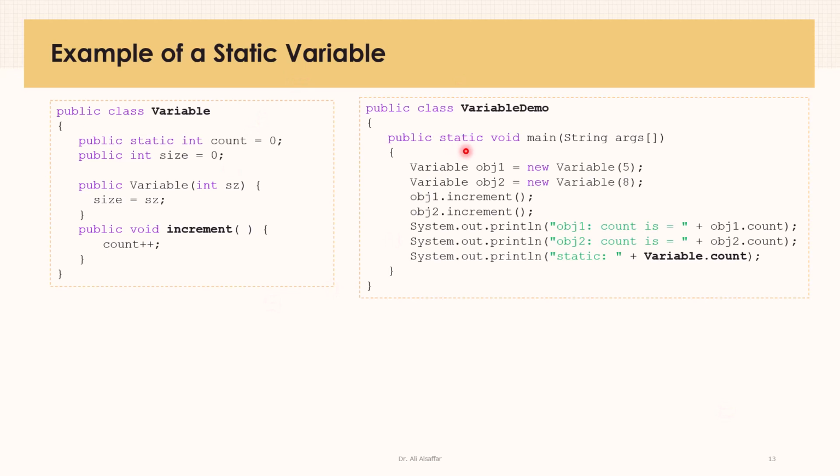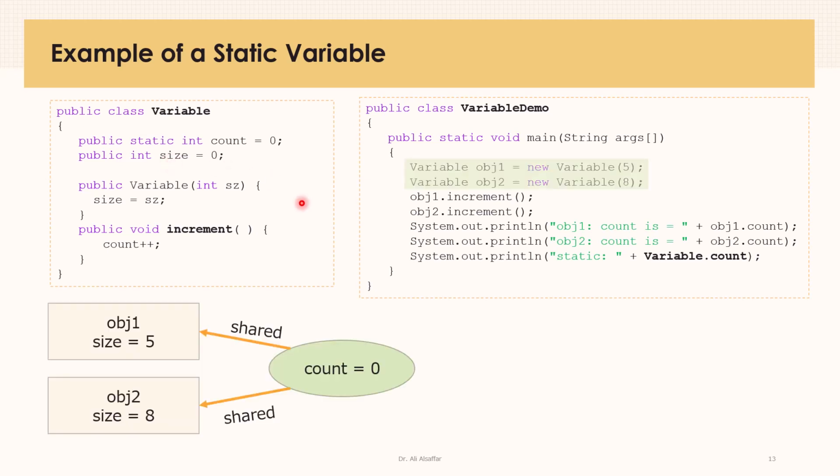As an example, suppose we have created two objects from the Variable class in a separate class which is used as a demo class. The first object initializes size to 5. The second object initializes size to 8. Remember that size is an instance variable. So when you create two objects, there will be two different copies, one in each object.